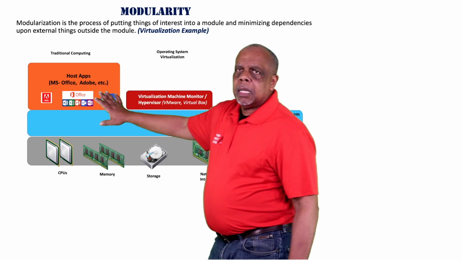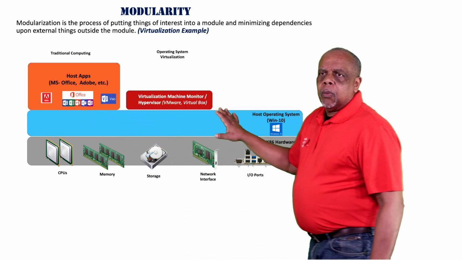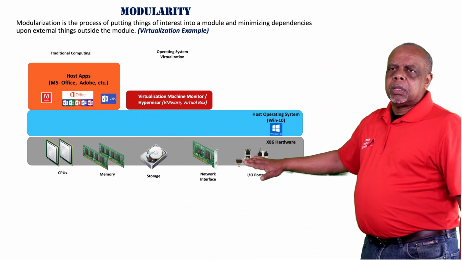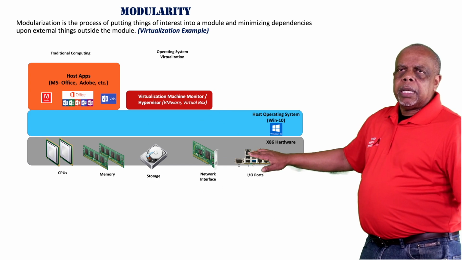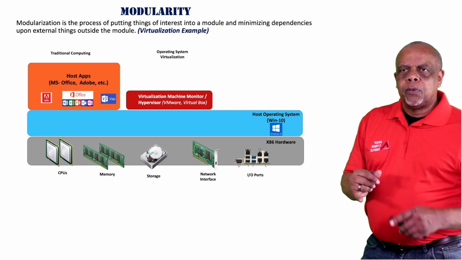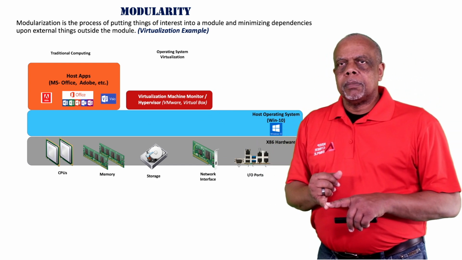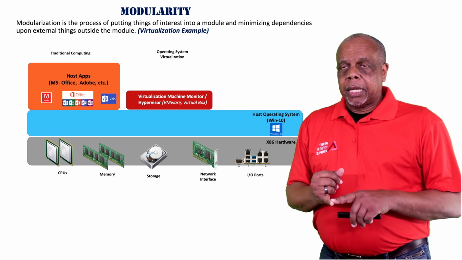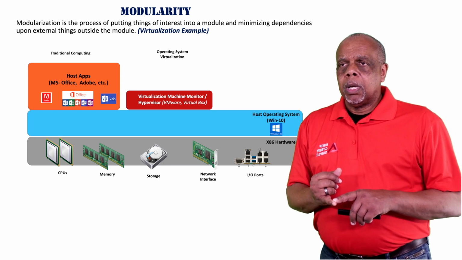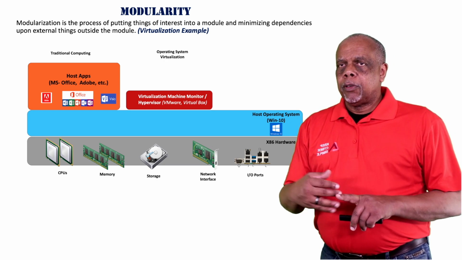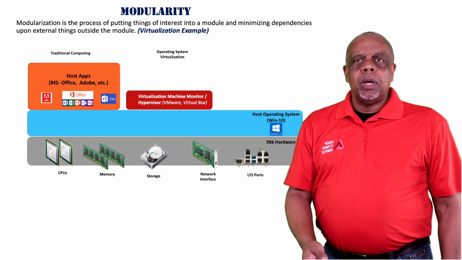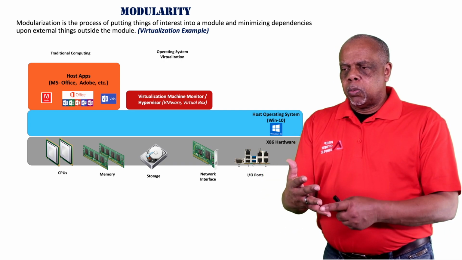Let's say when this operating system was installed on this hardware, it looked for certain things. It looked for computer processing, like a CPU or a CPU core. It looked for memory. That's why if you're going to install Windows 10, it tells you you're going to need at least one core.